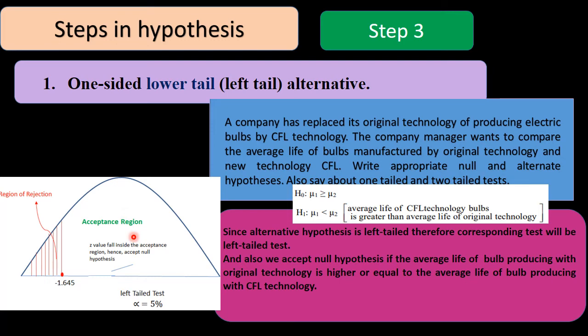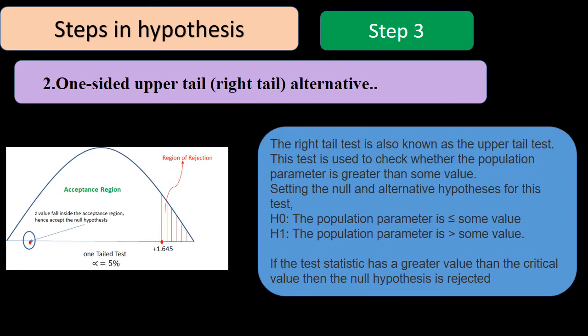That means we fail to reject the null hypothesis. Then we need to reject the alternative hypothesis. That means the average life of CFL technology bulbs is less than or equal to what? The average life of the bulbs with the original technology.